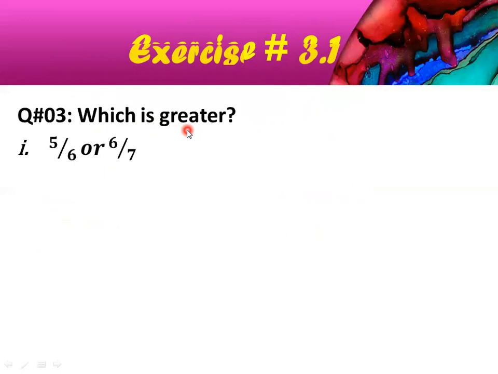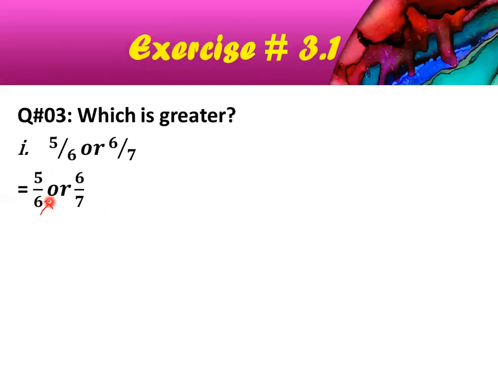Obviously, you cannot decide this directly because the denominators are different. So you will make the denominators the same by multiplying this 6 with 7 and this 7 with 6. Similarly, you are going to multiply the two numerators as well.